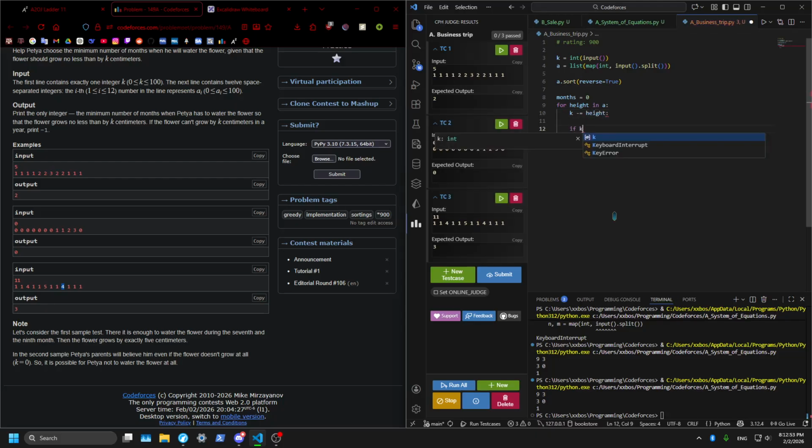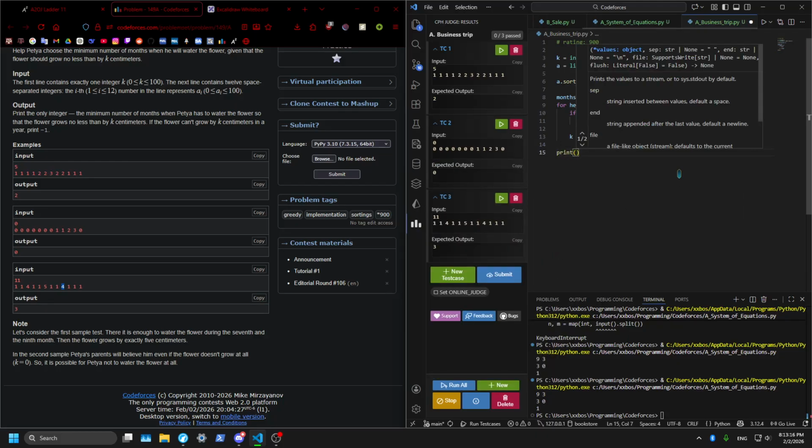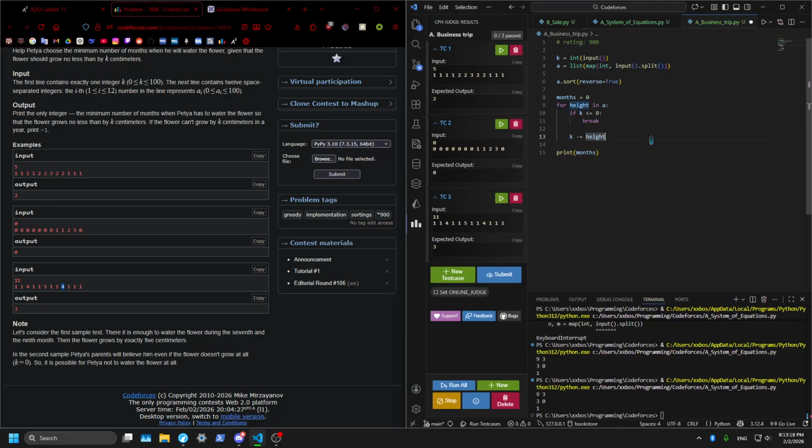If k is less than or equal to 0, we should probably check this first. If k is less than or equal to 0, then we break. And then we print months.